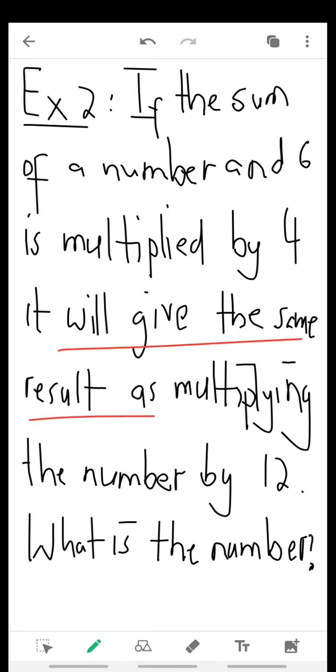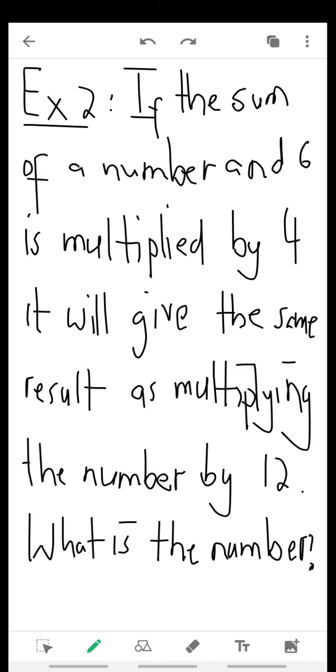Giving the same result means they are equivalent to multiplying the number by 12. The number is x, therefore this will be equals to 12 times x, the number. Okay, I think I'm done.